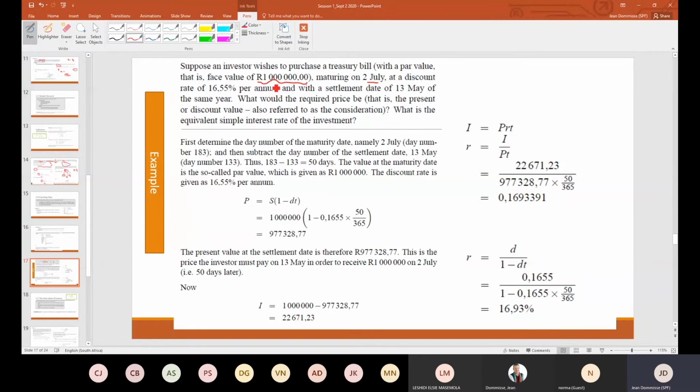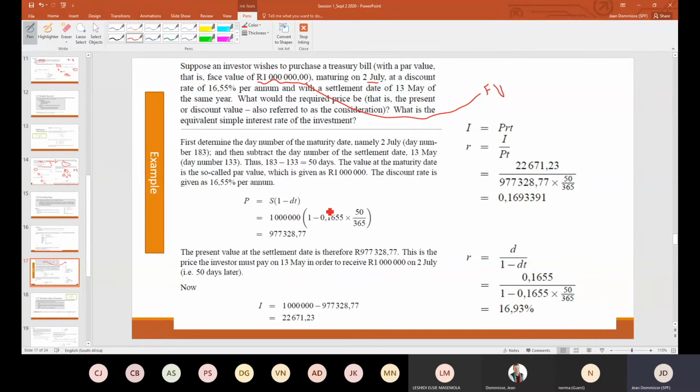So that is basically going to be a future value, because that amount is going to mature on that date. So that is a future value, which is why it will be under the S, at a discount rate of 16.55% per annum.